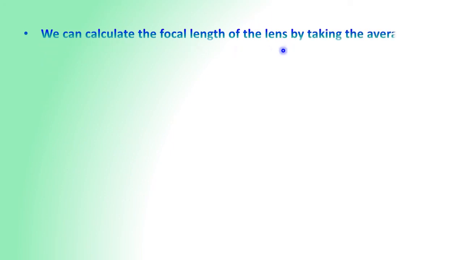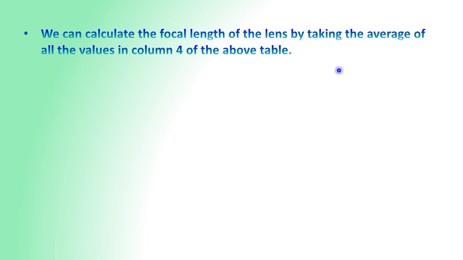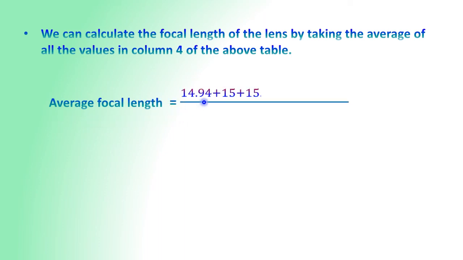See here, we can calculate the focal length of the lens by taking the average of all the values in column 4 of the above table. So, average focal length equal to sum of the observations divided by number of observations.